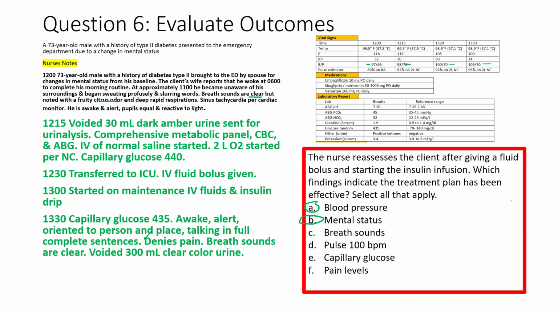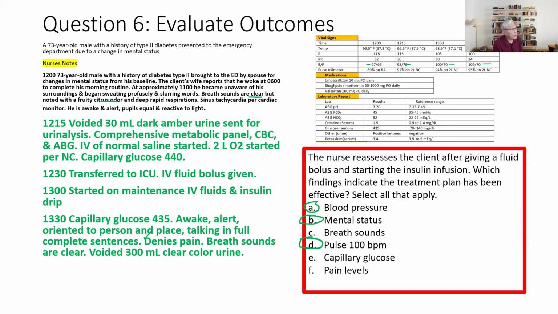And how about the pulse? Is it better or worse? It's better because it decreases. You remember, when you're dehydrated, you have tachycardia. So if you're giving enough fluid, your pulse rate should come down. Therefore, the pulse rate is an indication that he is improving.